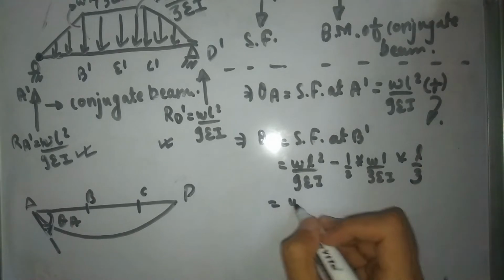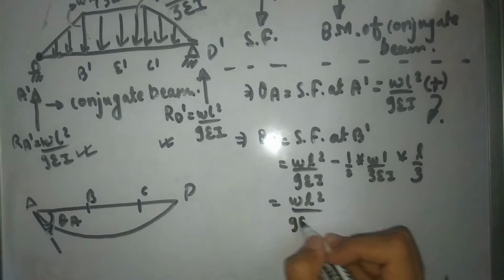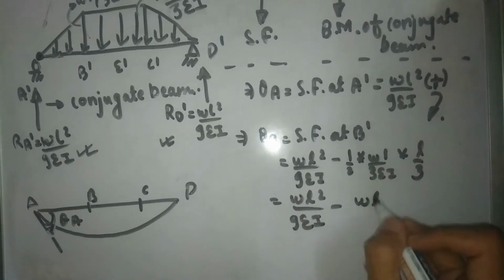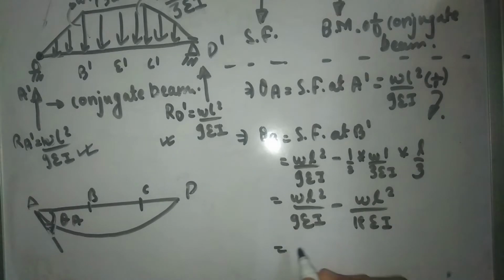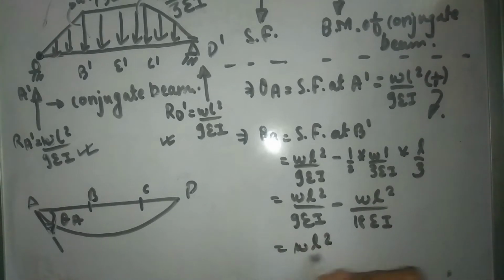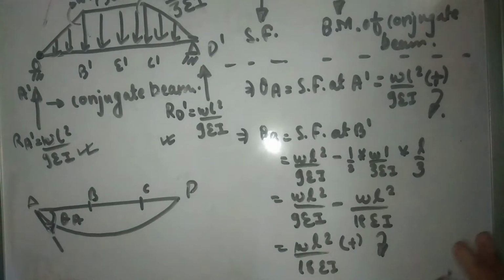So it's going to be WL square by 9 EI minus WL square by 18 EI, which means WL square by 18 EI. It's also positive, so again clockwise. In this way we can calculate theta B as well.